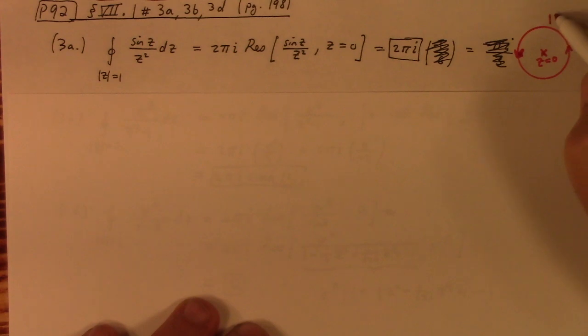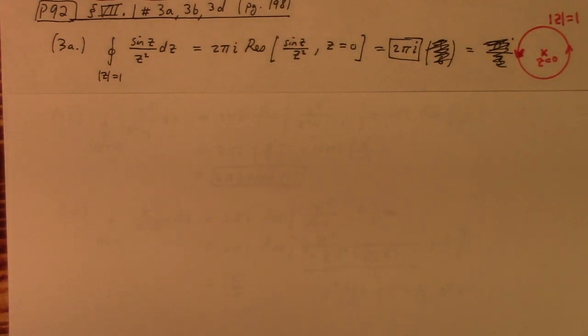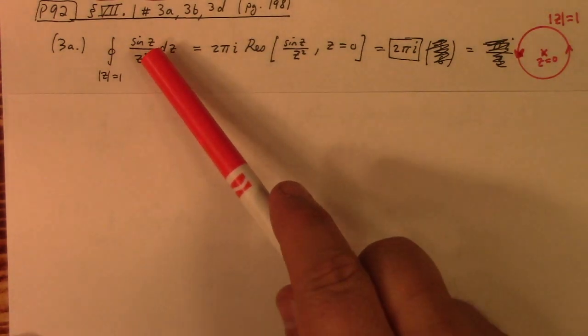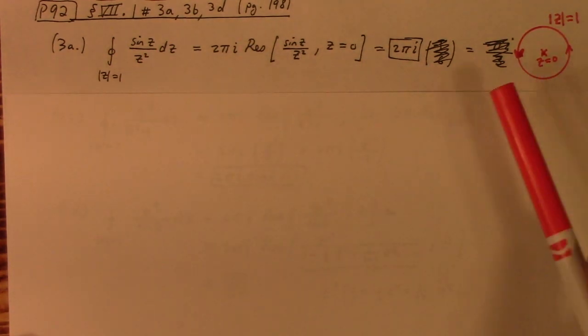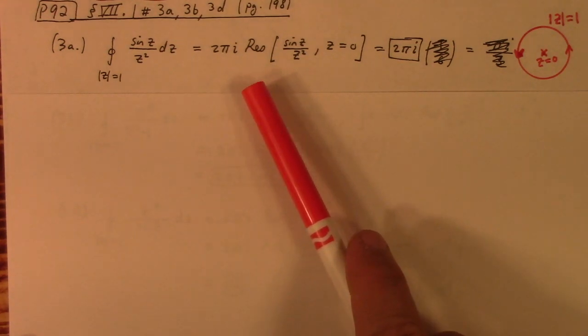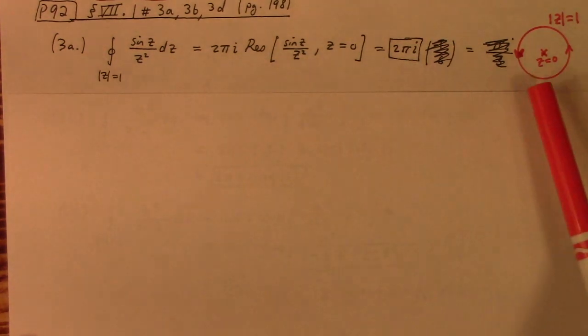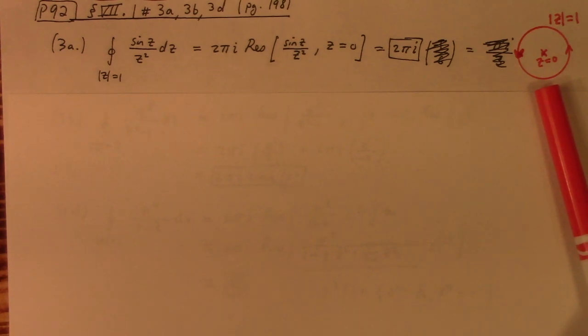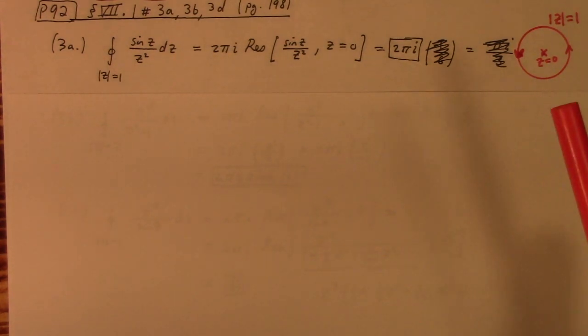So here's your modulus of z equals 1. Then the residue theorem says that the integral of f over the unit circle is equal to 2 pi i times the sum of the residues of the singularities that are inside the unit circle. This is what Cauchy's residue theorem says.